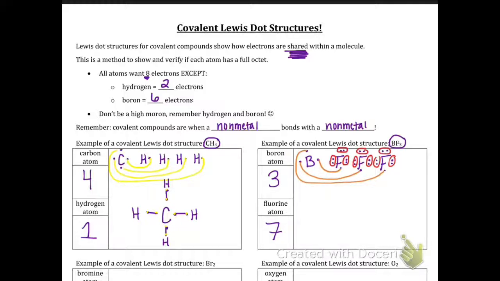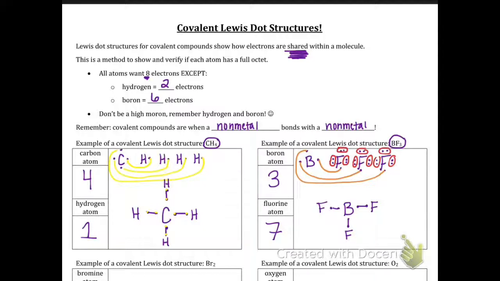Okay, so if we were to redraw this in a prettier way, because everything up here is basically scratch work. We have a boron, right, that normally had 3 dots, right? And then it's going to connect with fluorine's lonesome dot here, fluorine's lonesome dot here, and fluorine's lonesome dot over here.